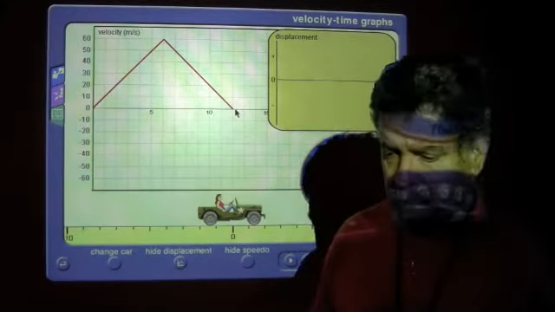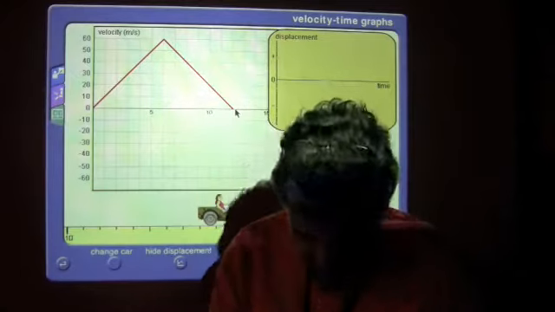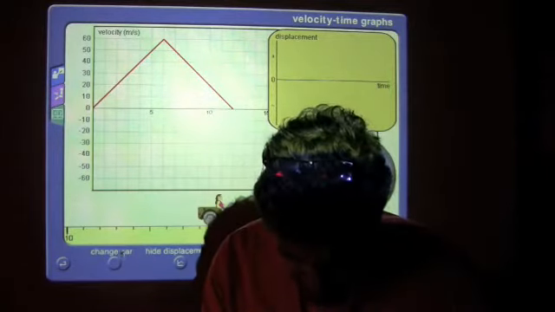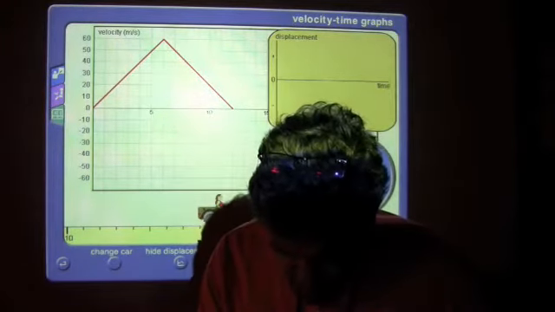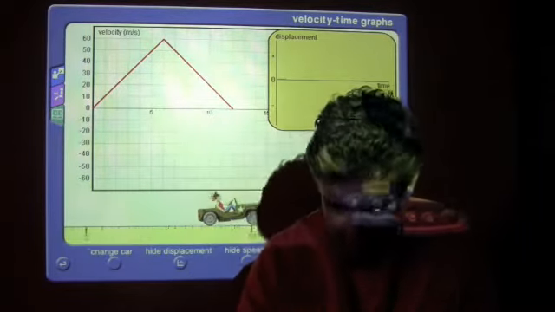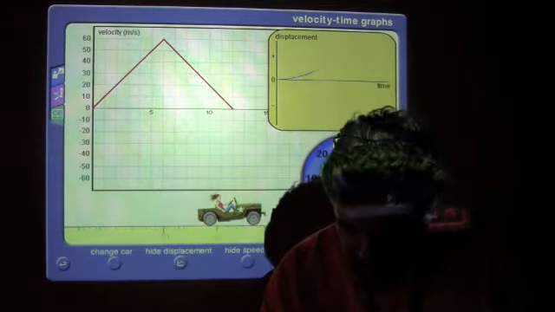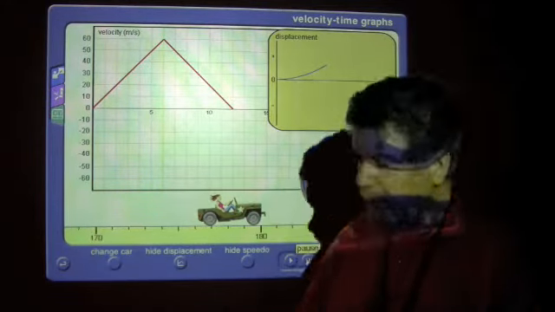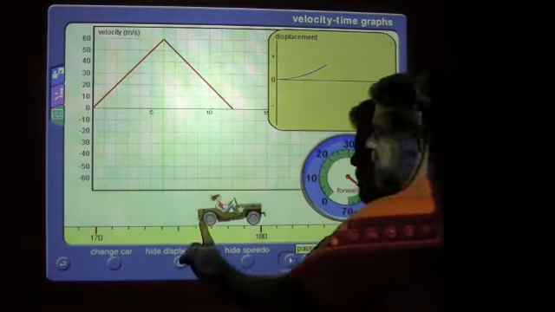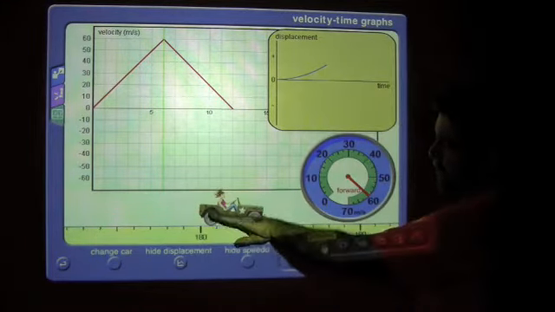So now pause it if you need to, but let's make your prediction, and here we go. We're back from your pause. Alright, so she's speeding up, speeding up, speeding up, speeding up, and right there. Okay. She's still speeding up. I just went to the slowing down.